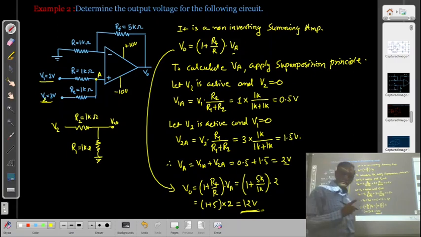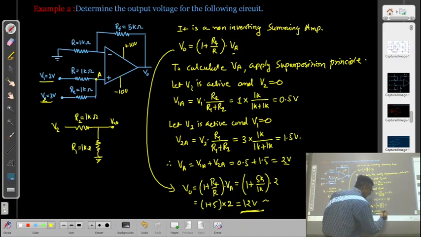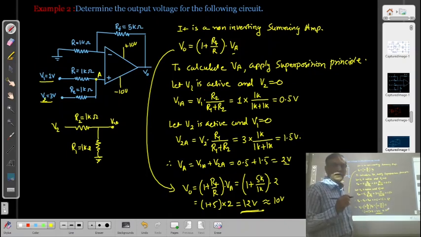Your op-amp will go to saturation, and in that case you will get a 10 volt output. So when you solve the problem, you should know, if the supply voltage is given, then you should confirm that your output voltage is not greater than the supply voltage. If it is greater than the supply voltage, then the op-amp will be in saturation and the output voltage will be equal to your supply voltage.